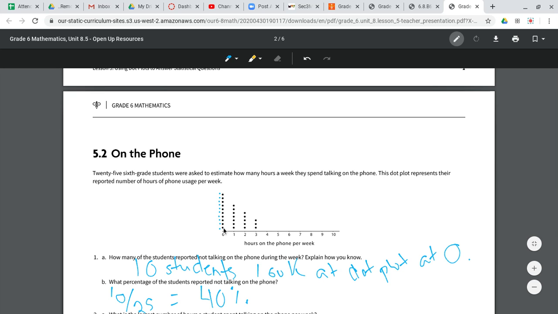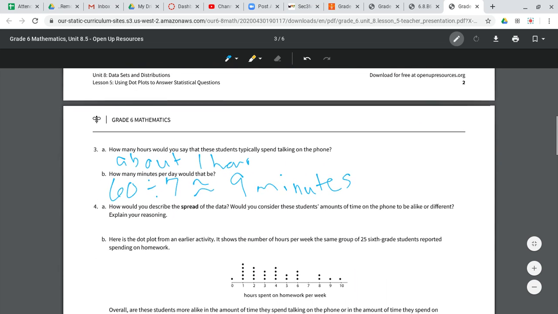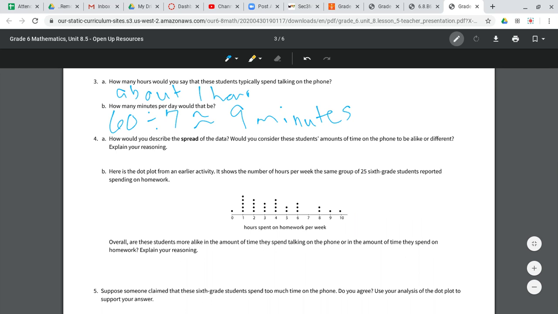We're going from 0 to 3, and a little more than half of the values are 0 or 1. We have 10 students who said 0, and another 1, 2, 3, 4, 5, 6, 7 students. So we have 17 of our 25 students who are saying between 0 and 1 hours. So it's a pretty small spread.